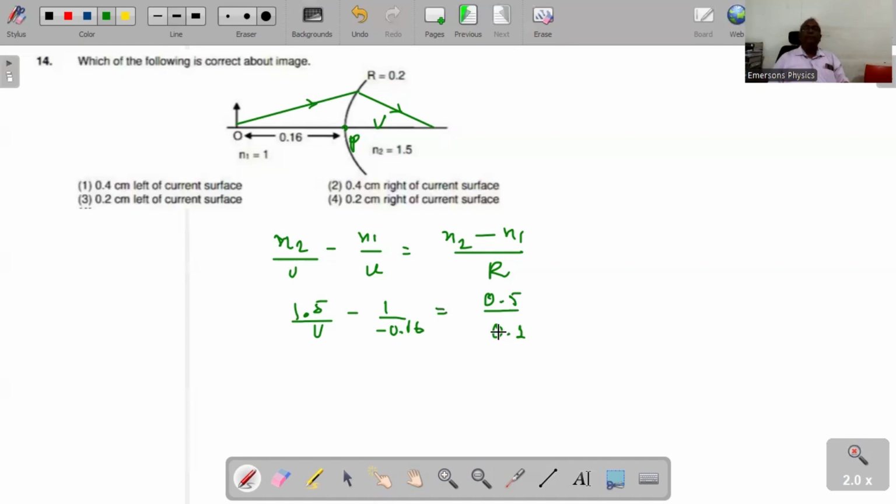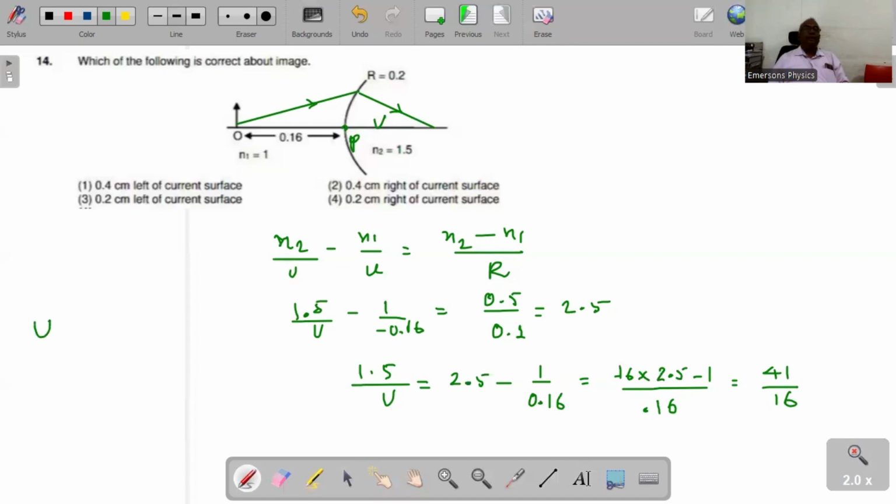Now when we calculate this value, we bring this term 5 by 2, which is 2.5, and bring the other term to the other side. 1.5 by V equals 2.5 minus 1 by 0.16. Now we are able to find V. V will be equal to 1.5 into 16 divided by 41, and we get the answer.